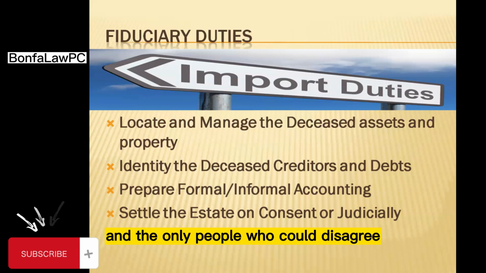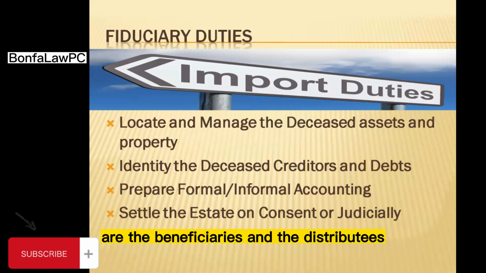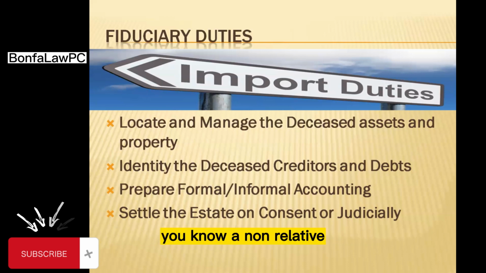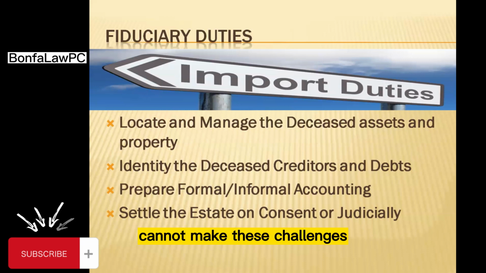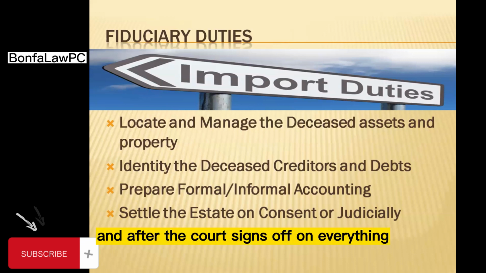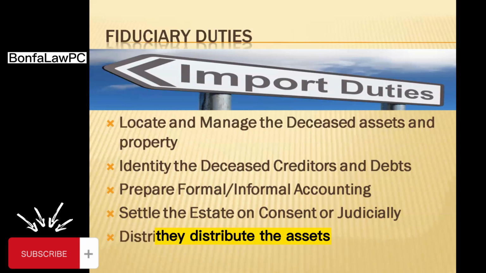And the only people who could agree or disagree are the beneficiaries and the distributees. Someone who is a non-relative or someone who's not considered to be a distributee cannot make these challenges. And after the court signs off on everything, they distribute the assets.